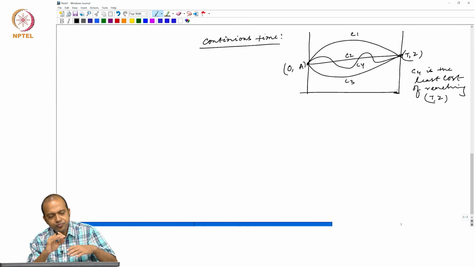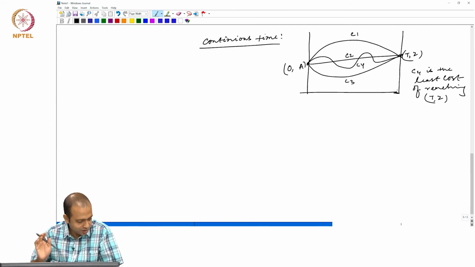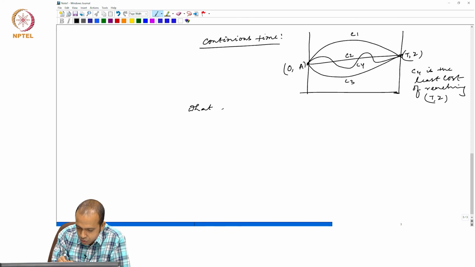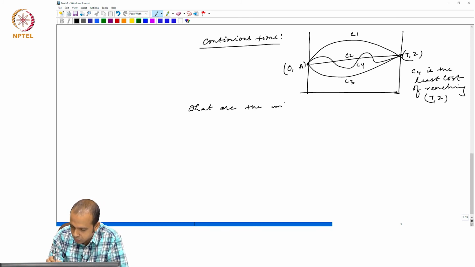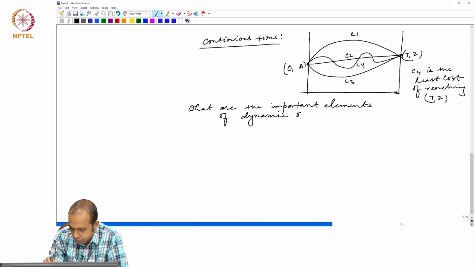So, in dynamic optimization, what are the important elements? Okay, what are the important elements of dynamic optimization from this discussion?